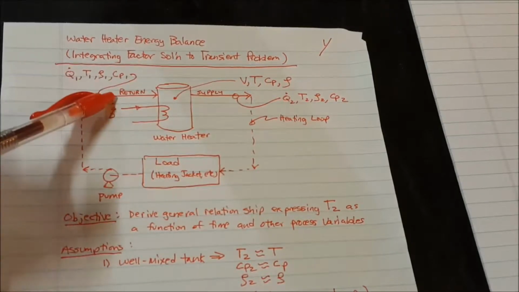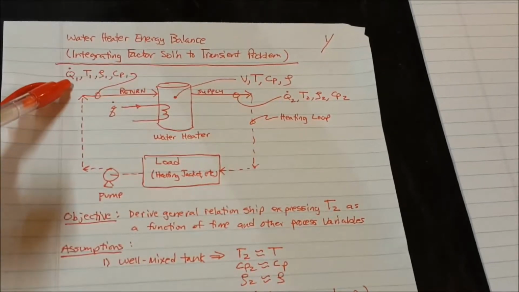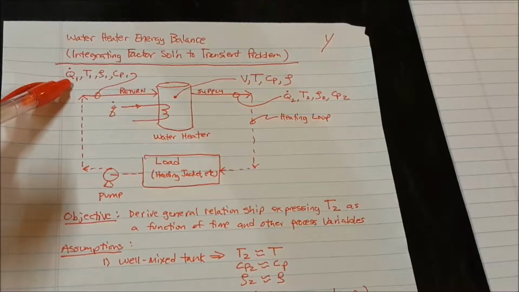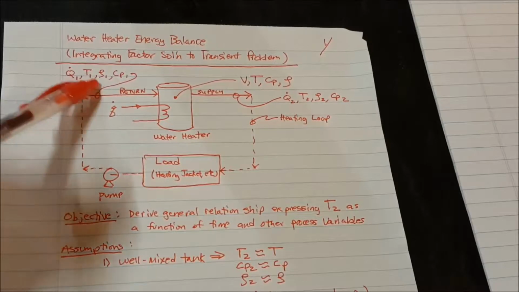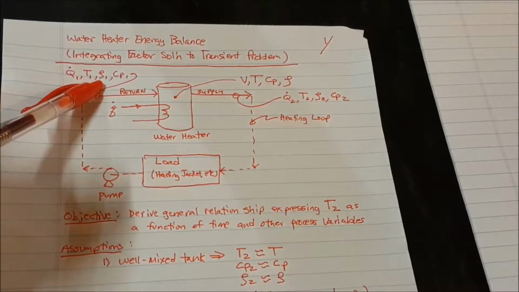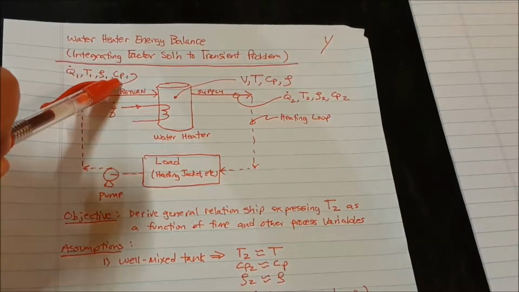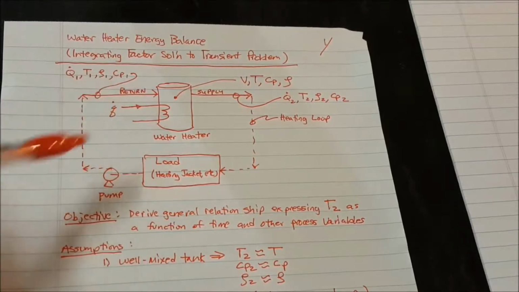For each of these two streams, the return and the supply, I've got Q dot, that's volumetric flow, like gallons per minute. T for temperature. The rho stands for density, and C sub P is heat capacity.